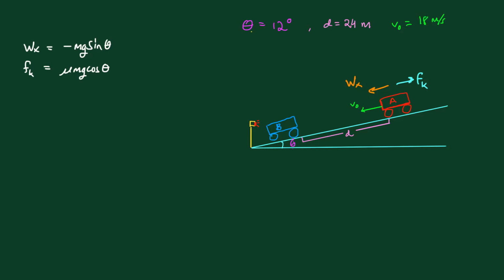The formula for frictional force is F is equal to mu times the normal force acting on the object. In this case, we're talking about kinetic frictional force. So F sub k is equal to mu, which is the coefficient of kinetic friction, times the normal force.